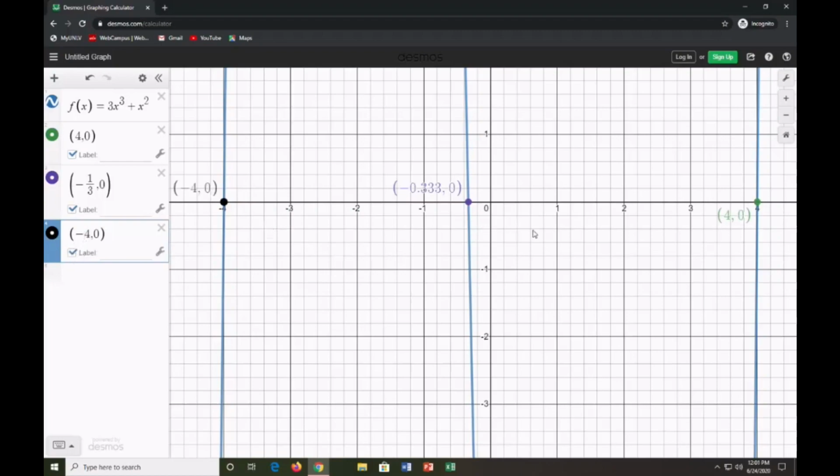So at each of these three x-intercepts, otherwise known as the zeros of the polynomial, the line is going right through the x-axis. So the multiplicity must have been odd, which in fact it was 1.